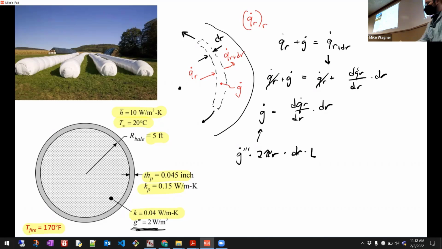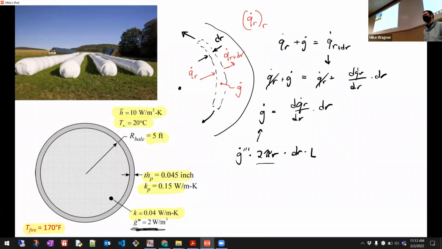Look at that and make sure you understand it. We have the shell's circumference times the differential width. Why do we not say it's pi times r plus dr squared minus pi r squared? When you have a differentially small width, you can make this approximation very accurately, that it's just 2 pi r times the width.